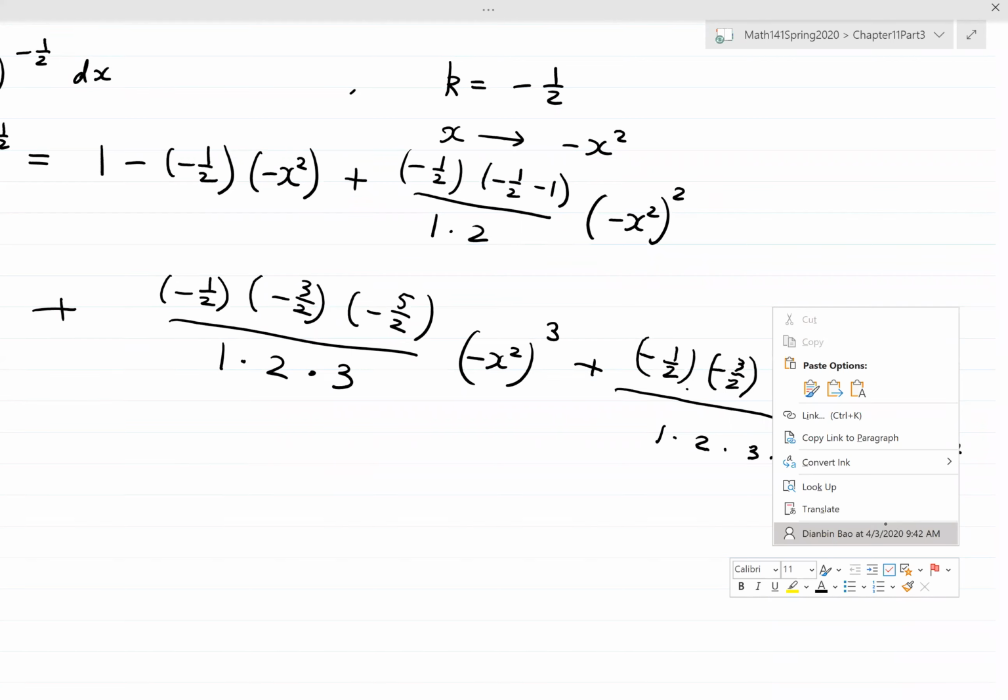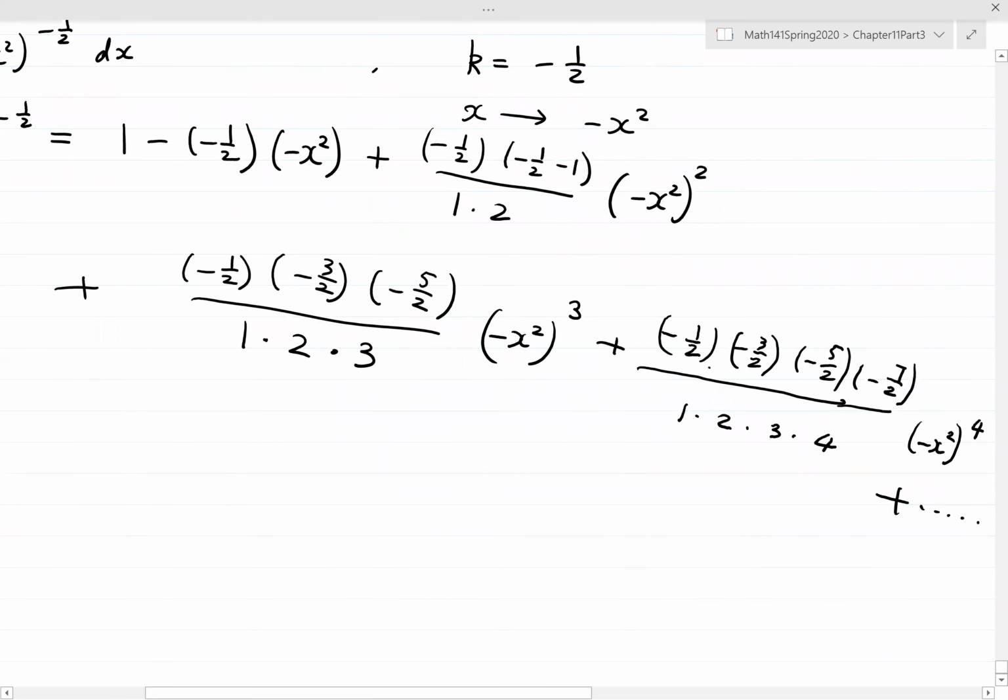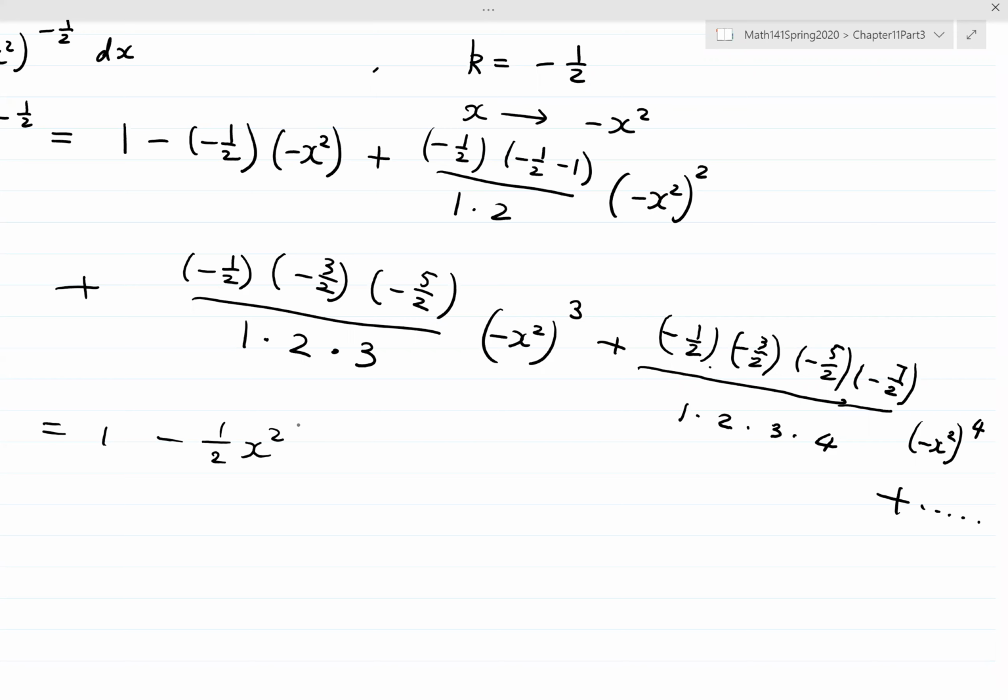So if you unravel the definition, this is 1 plus 1/2 x squared. We want to find the general term.